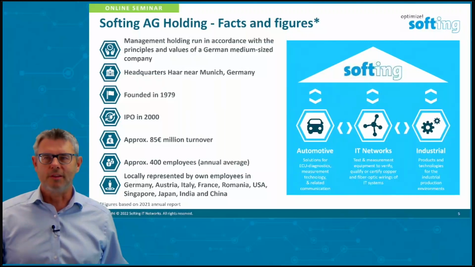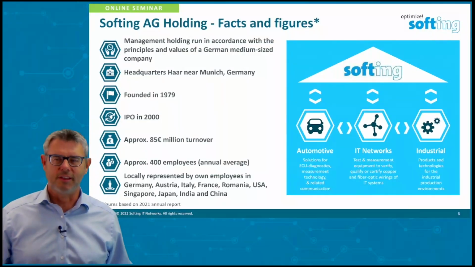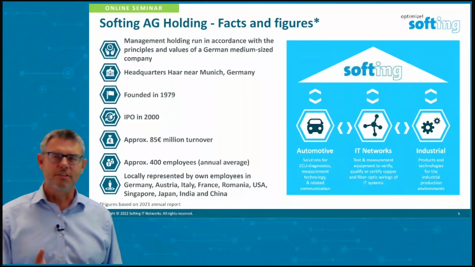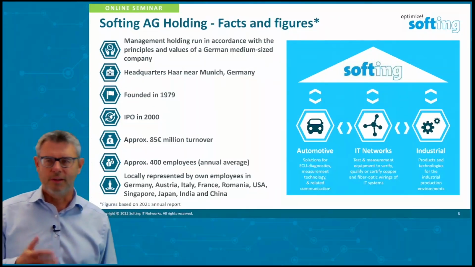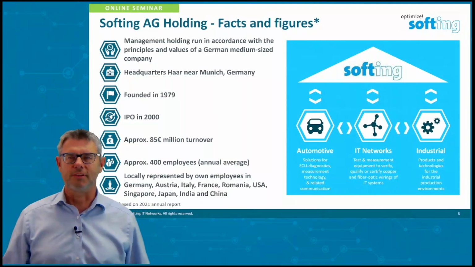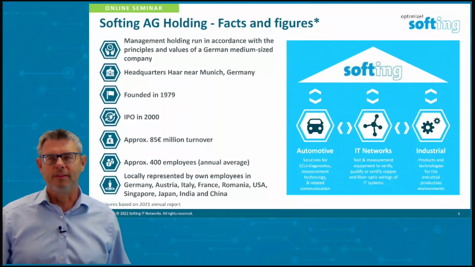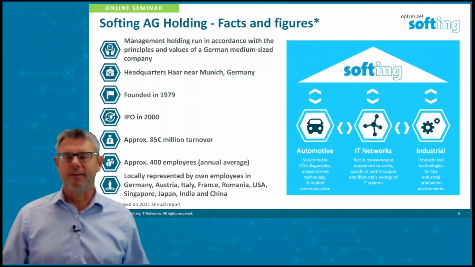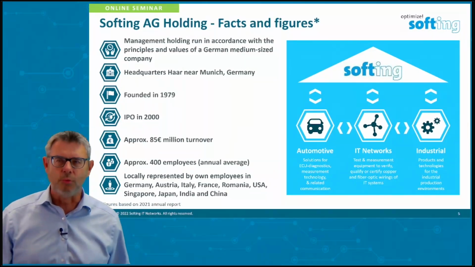So what is automotive doing? Automotive is designing and developing test systems for ECUs, for control systems of the car, and helping car manufacturers in designing these things. Industrial automation provides instruments called gateways.